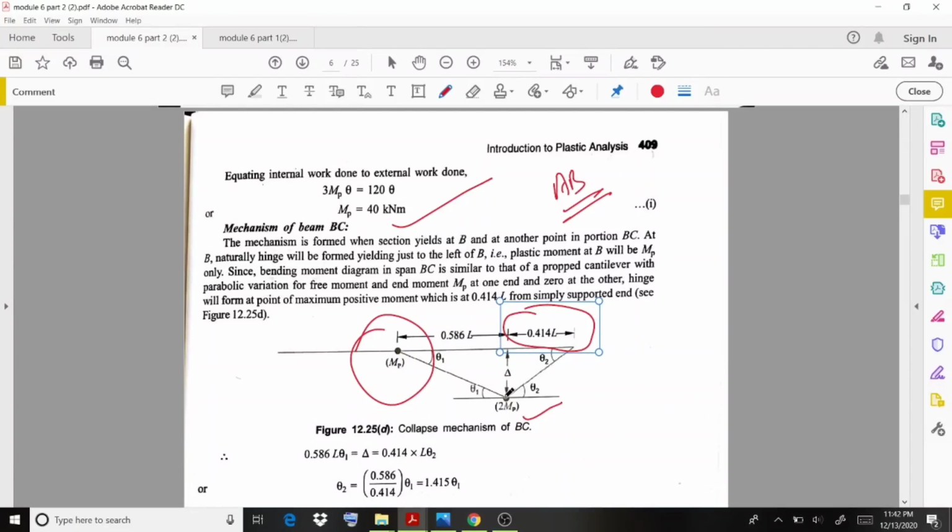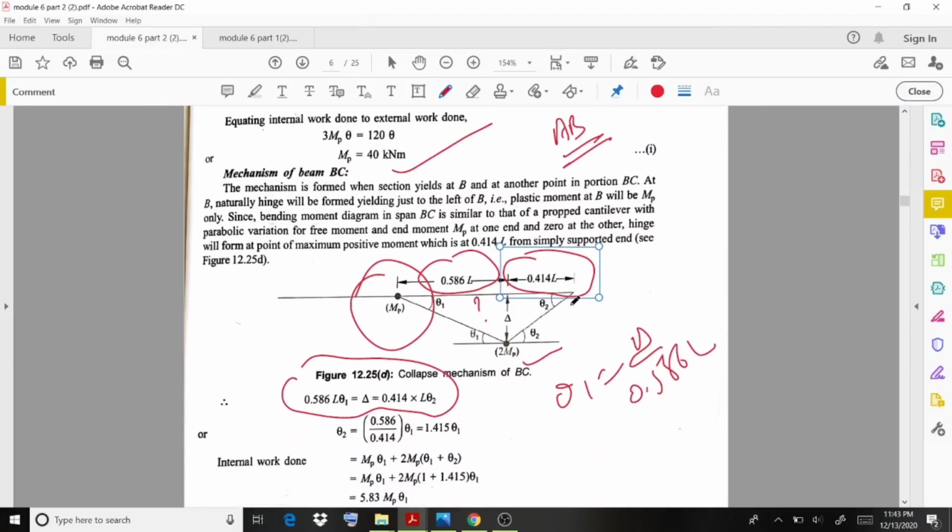If you consider this triangle and apply similar triangle laws, you will get this equation. First of all, theta 1 equals delta by 0.586L. This is a general expression, with 0.586L and 0.414L, for a propped cantilever beam with a UDL acting over it.